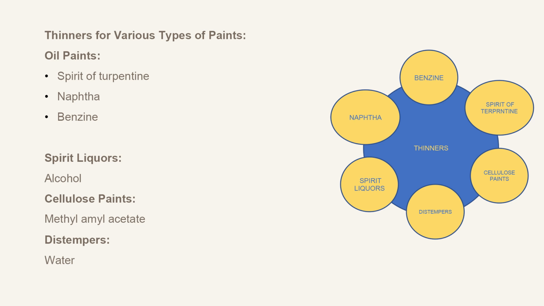Next, for cellulose paint, methyl amyl acetate is a preferred thinner, helping them achieve the right consistency for application. Fourth, we have distempers. Water is a go-to solvent for distemper paints, making them easier to apply and clean up.